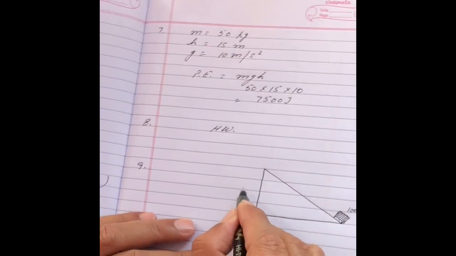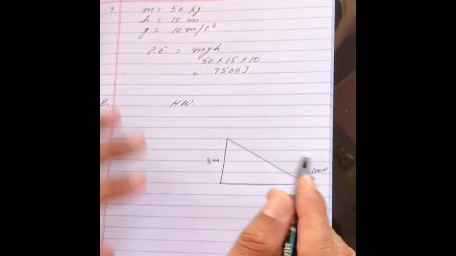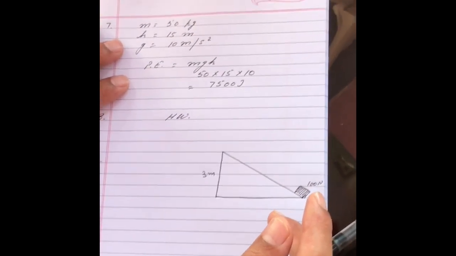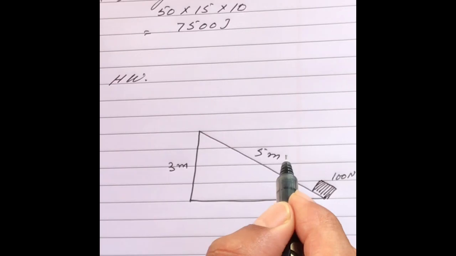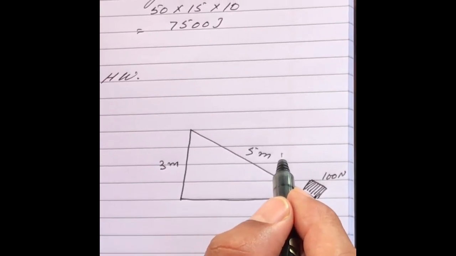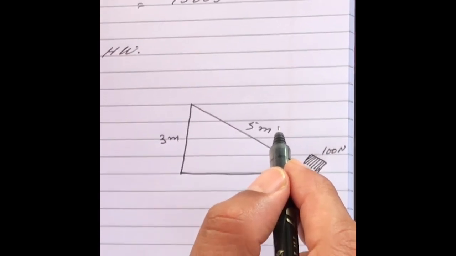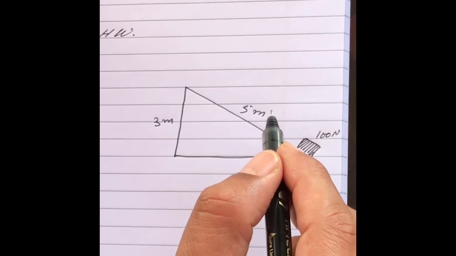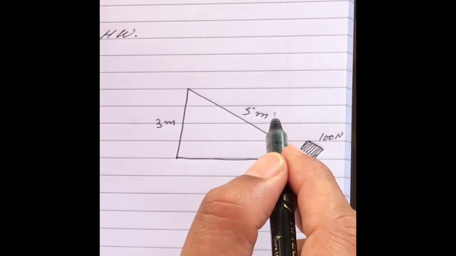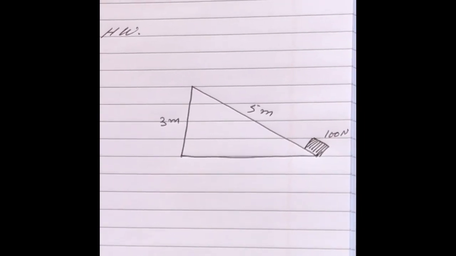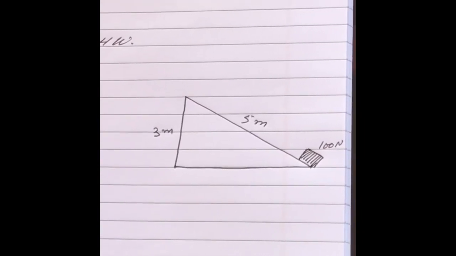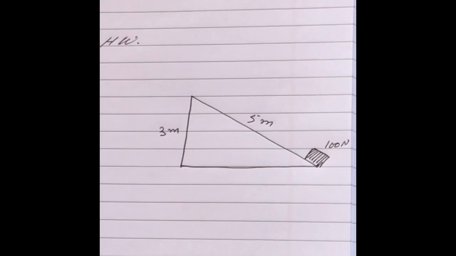This is 3 meter. Is pulled up a slope of length 5 meter. This length is 5 meter. By means of a constant force F equal to 100 Newton. What is the work done by the force F in moving the block A 5 meter along the slope?